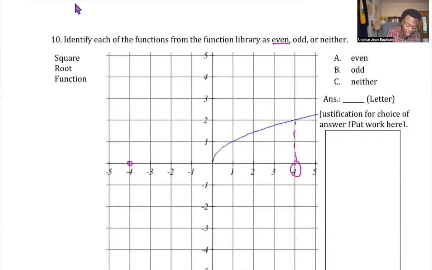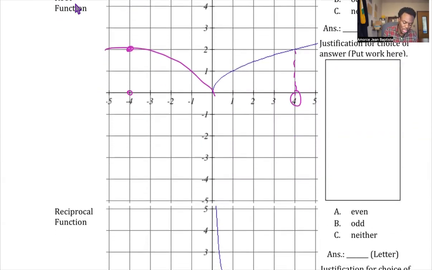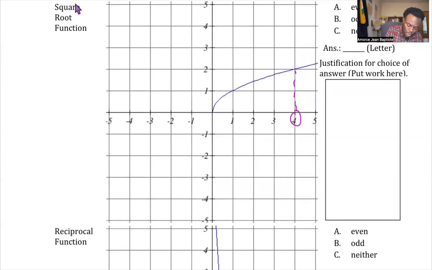Because you would have expected something here for 4 in order to say that you have an even function, or you would have expected something down here in order to think about an odd function. So we have neither of it. So that's going to be a function that is neither even nor odd.